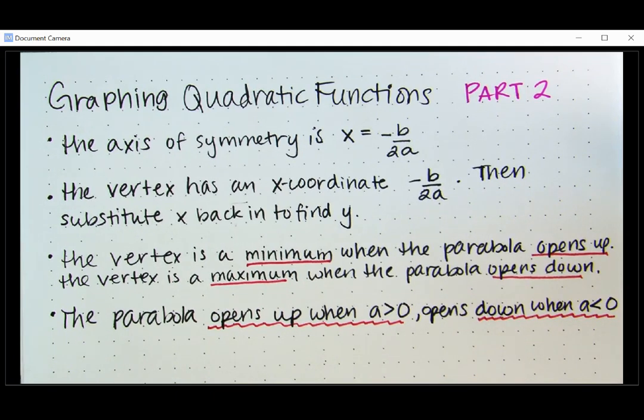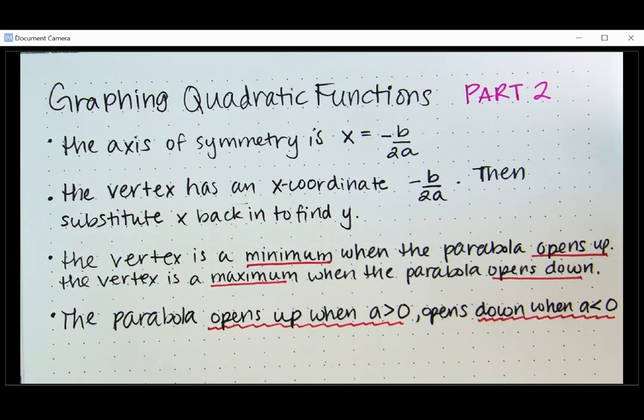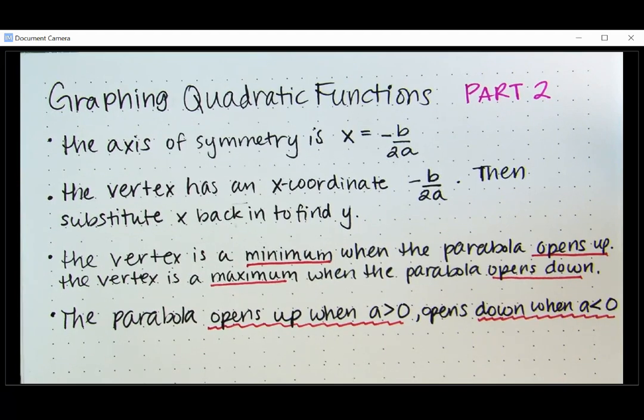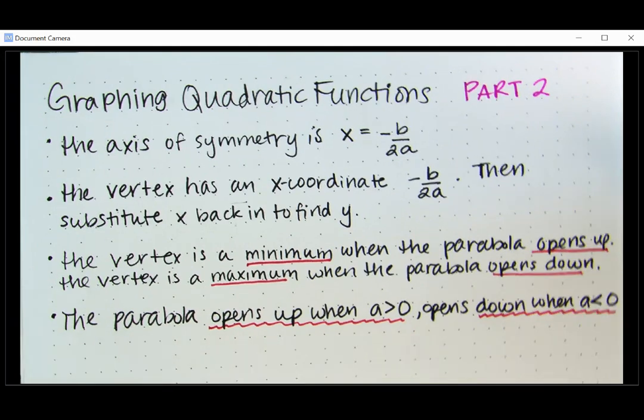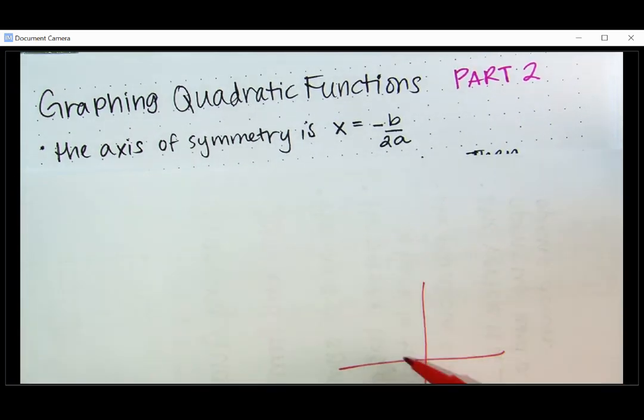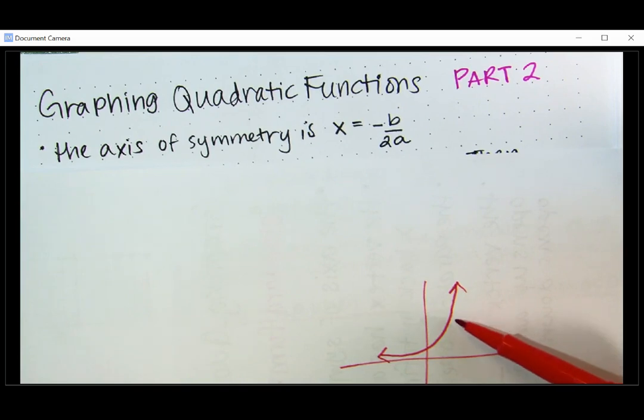It's kind of similar to when we graphed exponential functions. When the a was positive, we had the equation graphed, for example, if we had an exponential function that looked like this, that would be a was positive.